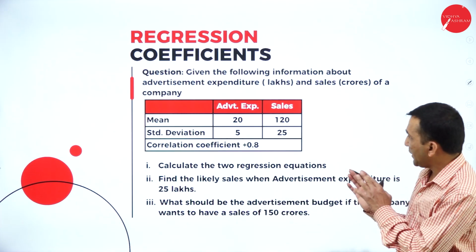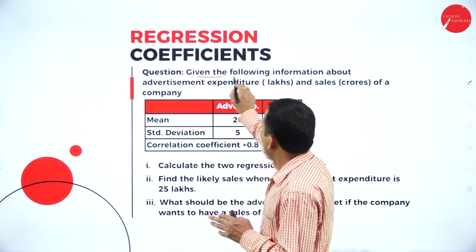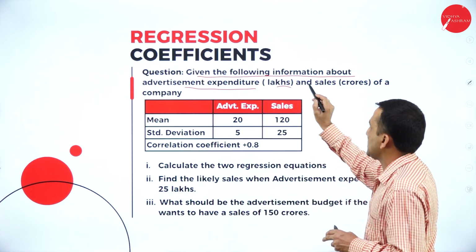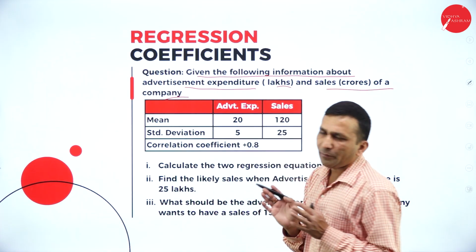For this regression coefficient equation, there is one question to understand. Given the following information about advertisement expenditure in lakhs and sales in crores of a company, the tabular format is given.